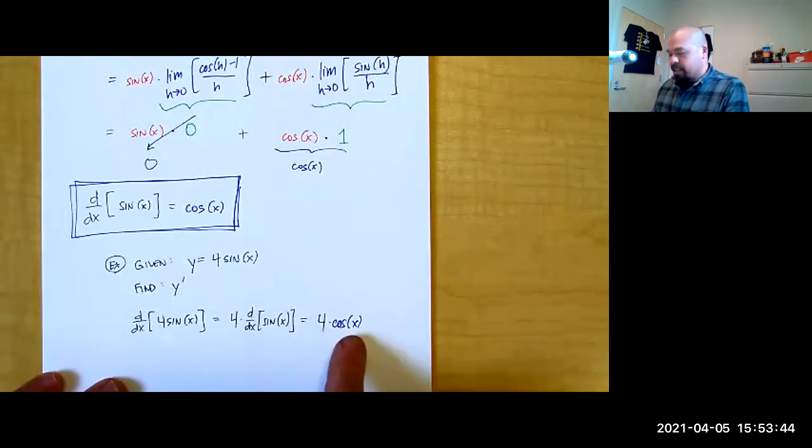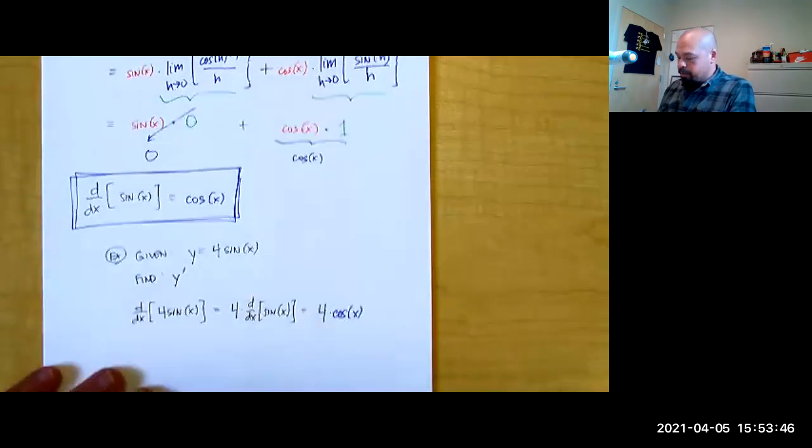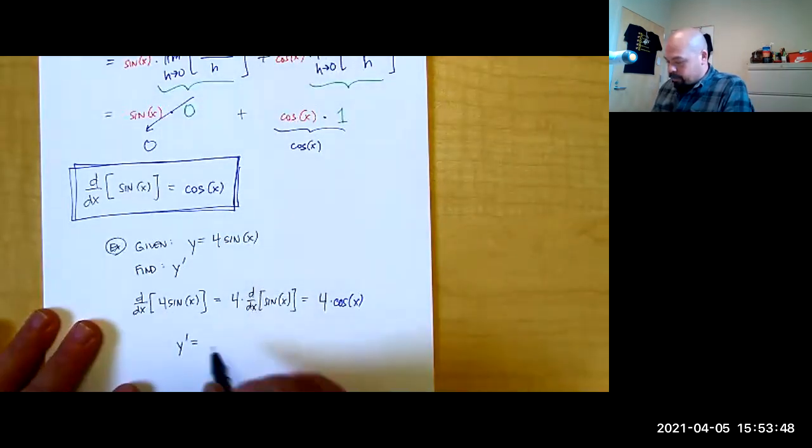Whether you want to use parentheses around the x or not, you can choose. So y prime is 4 cosine of x.